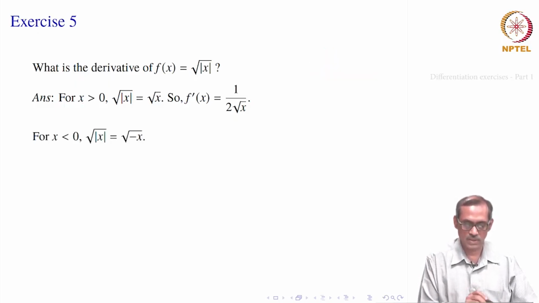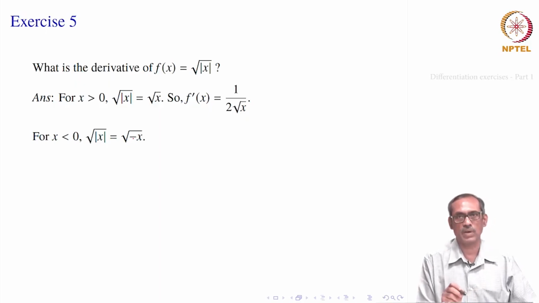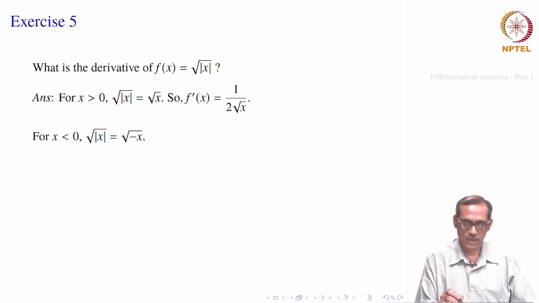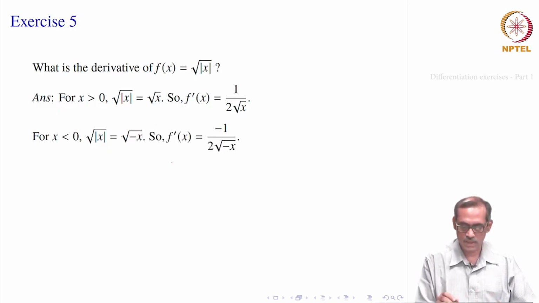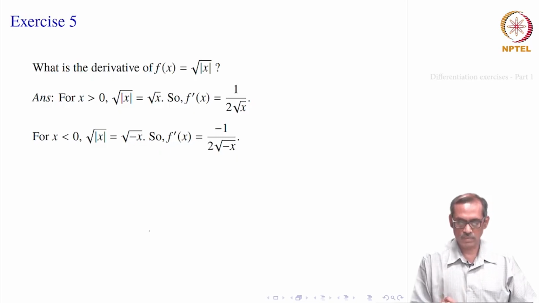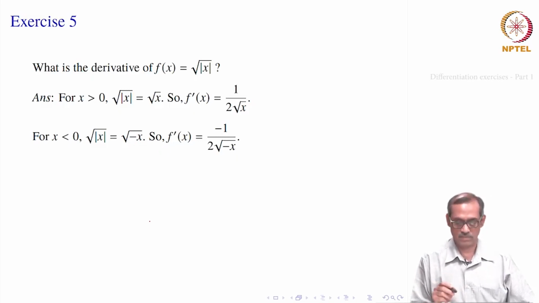Now, when x is less than 0, mod x becomes minus x. So, the square root of mod x is the square root of minus x, and since x is smaller than 0, minus x is positive, so that is meaningful. Now, to differentiate, we differentiate with respect to x, not minus x.